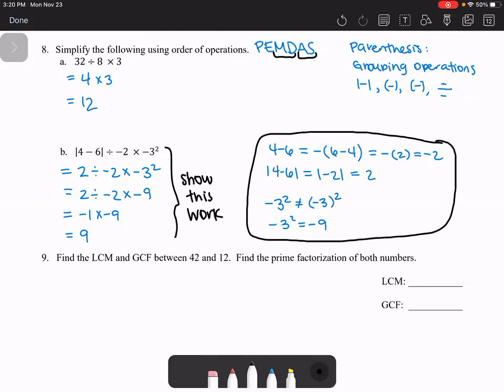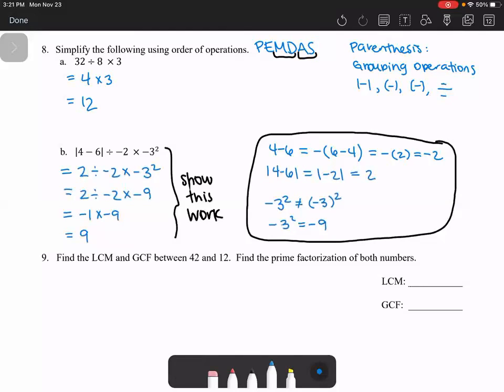Yeah, the work that's circled was mostly for illustration, making sure that everyone can see why these things are the way they are. But you don't have to show all of those steps that are circled right there. And so when you got the negative 9, if there would have been parentheses just around the 3, with the negative in front, it still would be negative 9?